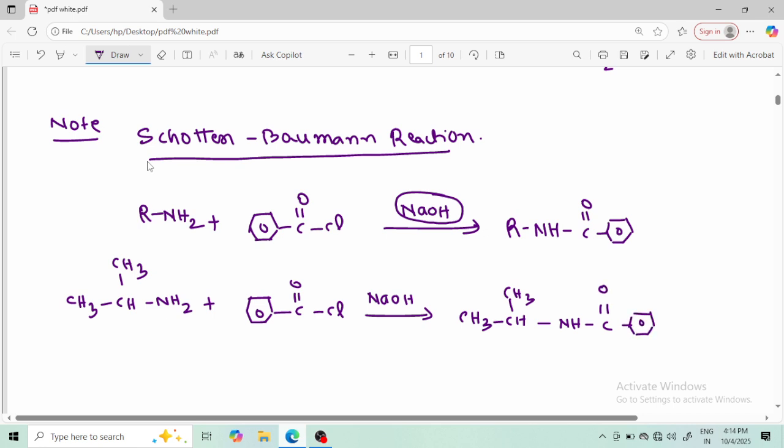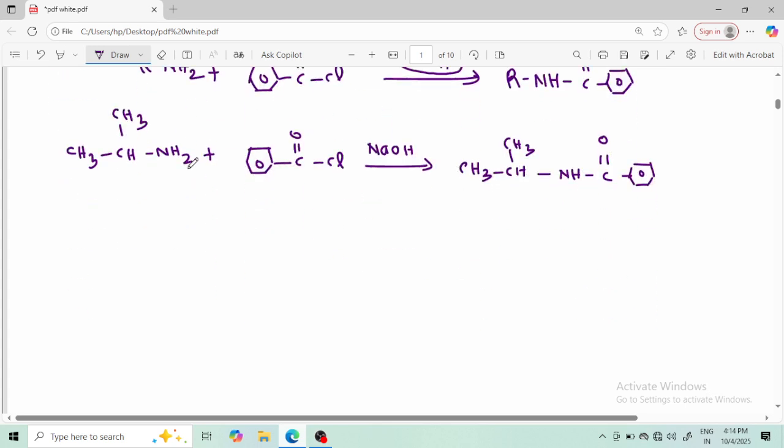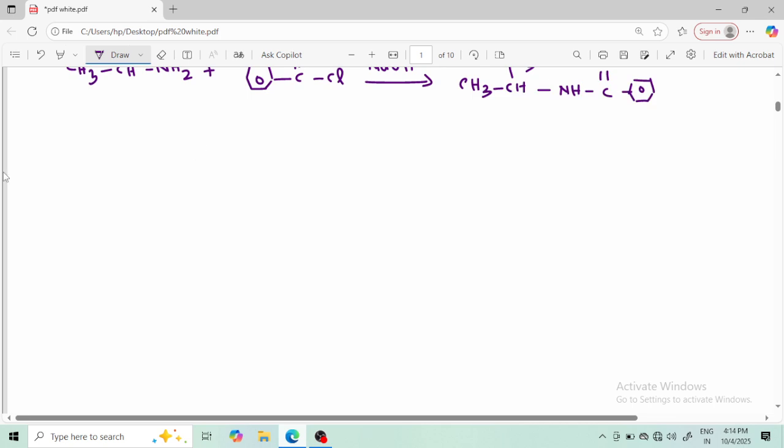So this is actually the Schotten-Baumann reaction. It's similar to the benzoylation reaction or acid chloride reaction. The only thing you have to remember is, if the base is NaOH, then it is called the Schotten-Baumann reaction.